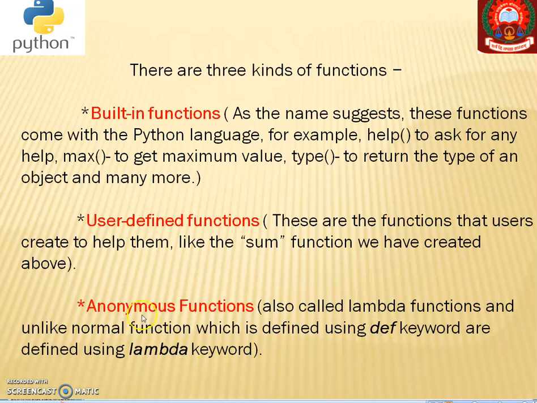Sometimes there will be a fill-in-the-blanks question related to anonymous functions. What is the difference between anonymous functions and user-defined functions? User-defined functions are defined by def, and anonymous functions are defined by lambda.